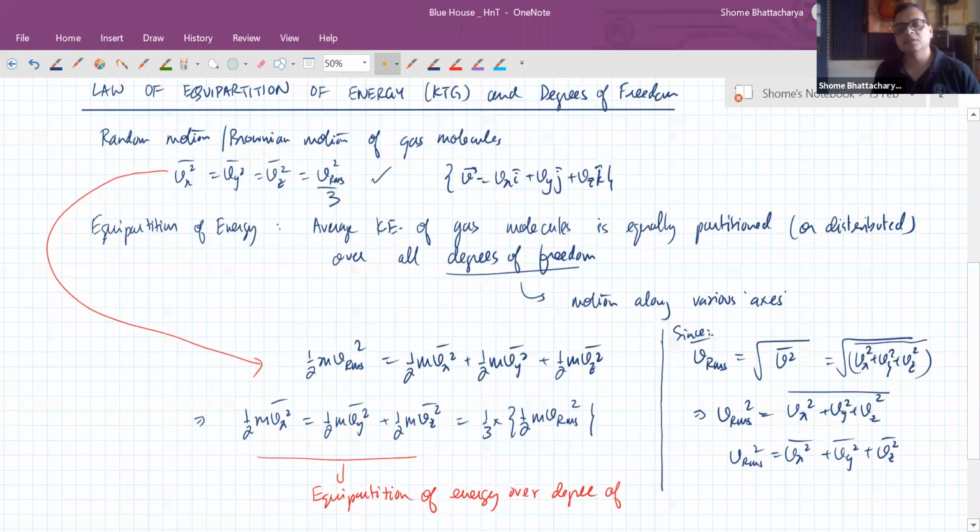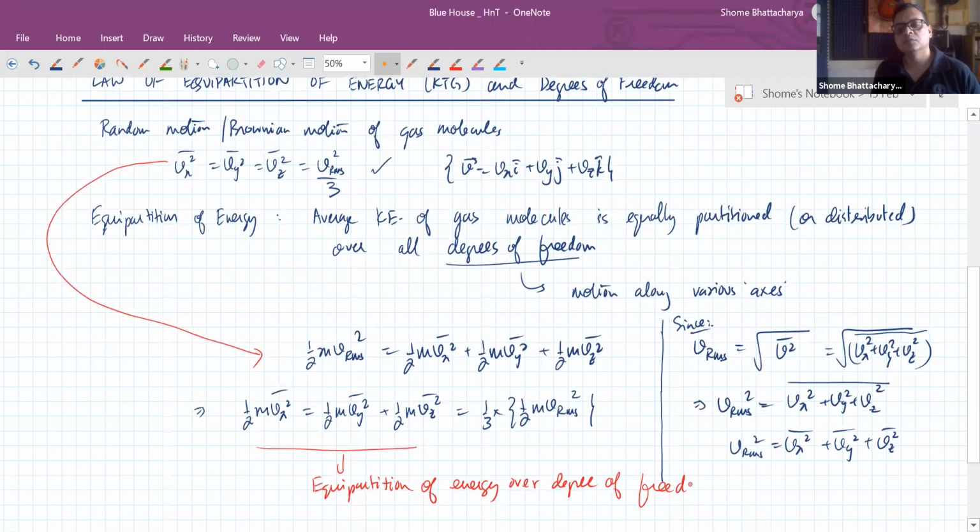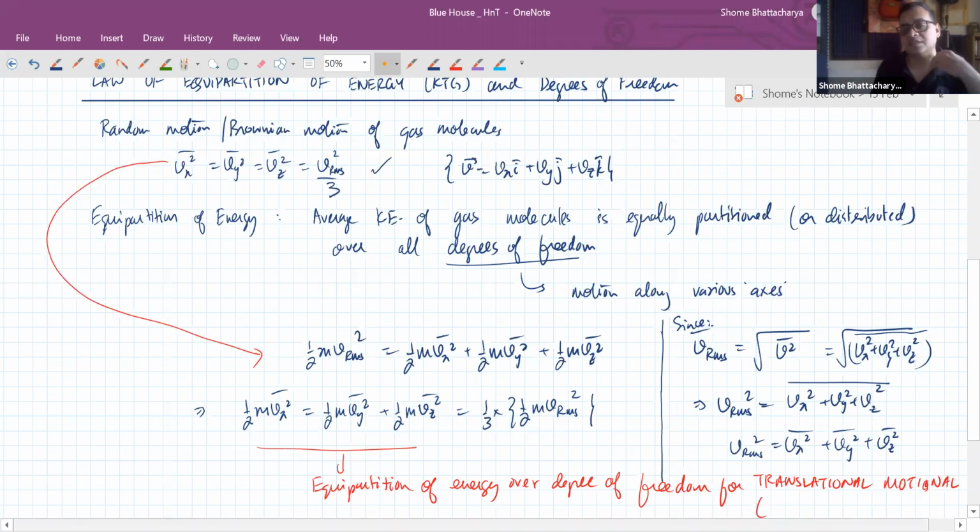But here, by degrees of freedom, we mean degrees of freedom for translational motion. We'll discuss rotational and vibrational motion also. For translational motion, the degrees of freedom are 3 in number, because of motion along the x-axis, y-axis, and z-axis.